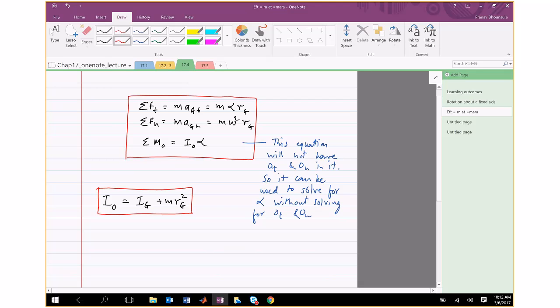In essence, the way in which you solve a problem involving rotation about a fixed axis is to use the same recipe: draw free body diagrams, write the equations of motion, solve for alpha, and then use that information to solve for things like angular velocity, and also angular position if that is asked.